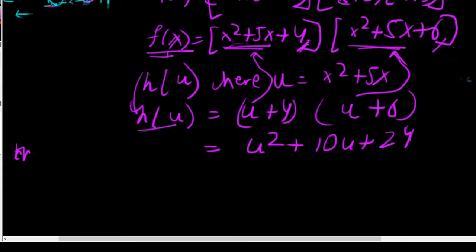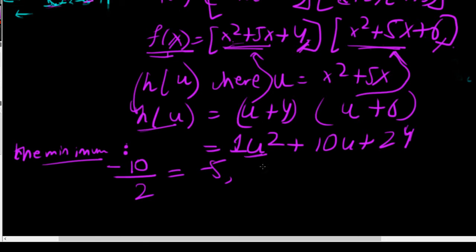So the minimum of h of u is, and notice that it's a minimum because the coefficient of u squared is 1 and it will be an upward facing parabola. So the minimum will be, if I just plug in minus b over 2a, minus b over 2a will be minus 10 over 2, which is minus 5.